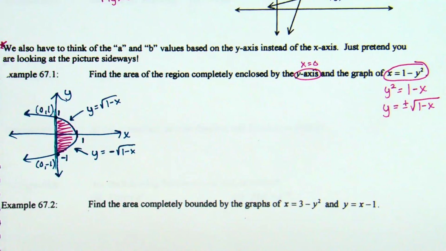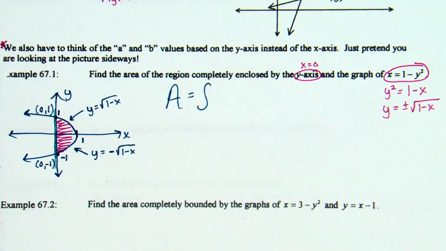Okay. Notice my original equation was in terms of y, right? It was x equals 1 minus y squared. So since it's x equals 1 minus y squared, we're going to be using that 1 minus y squared. Instead of saying upper minus lower, it's right minus left. What's my right curve?